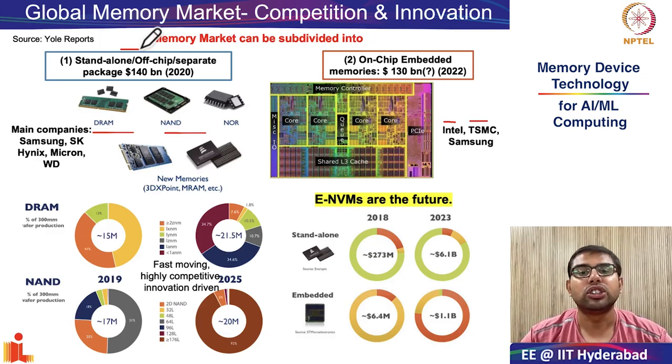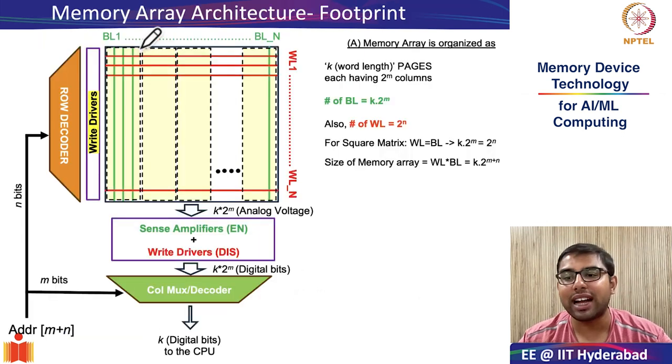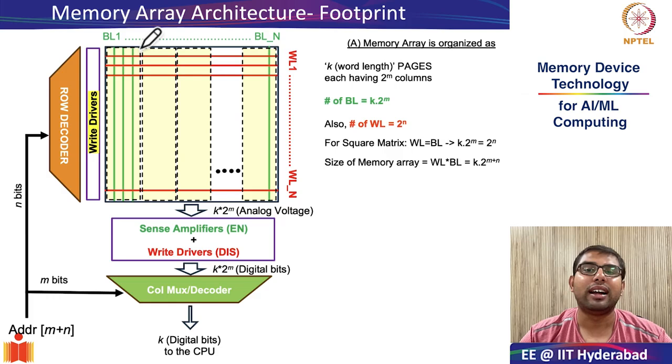Okay, so moving on, before looking individually at SRAM, DRAM and NAND flash, we thought it would be valuable to look at a generic memory array architecture, because this shows you how memory peripherals are organized for effective read and write into the actual memory arrays.